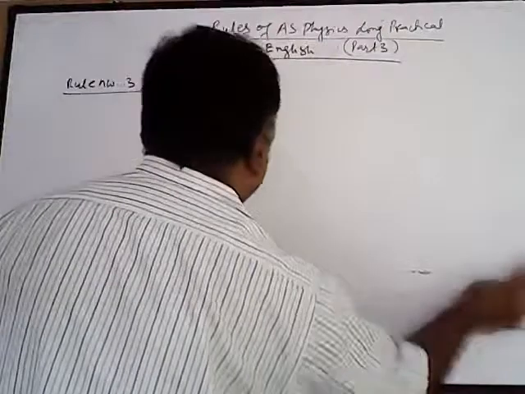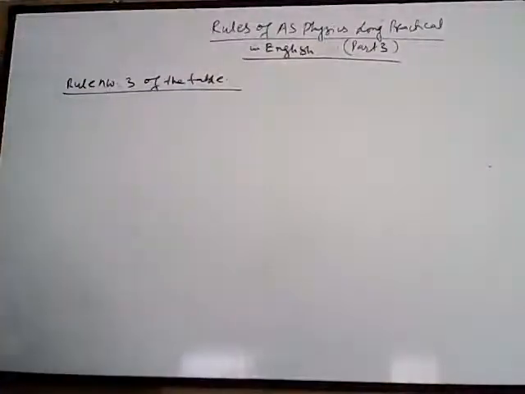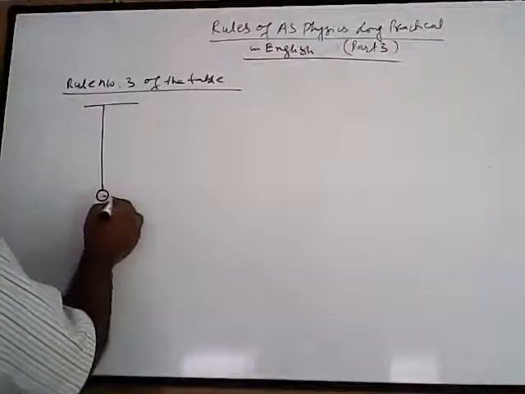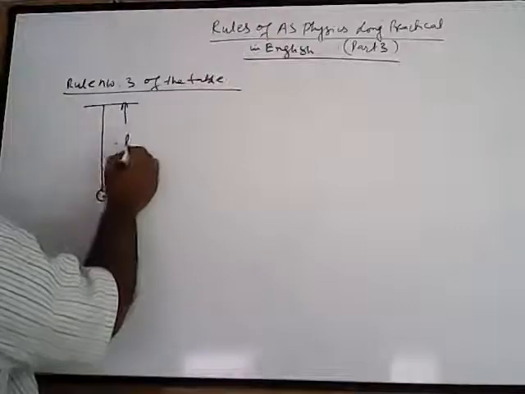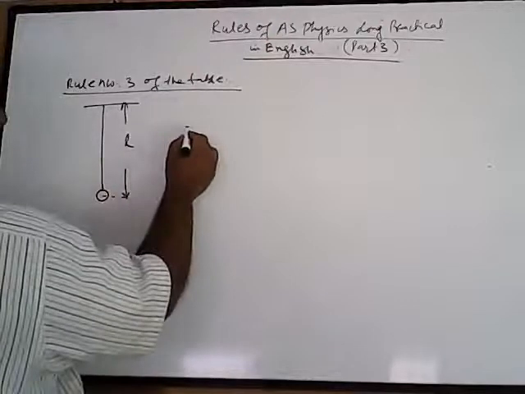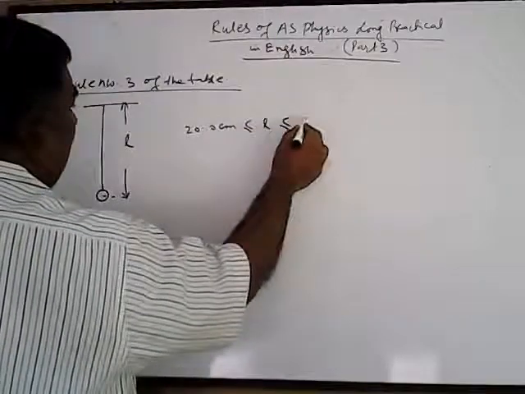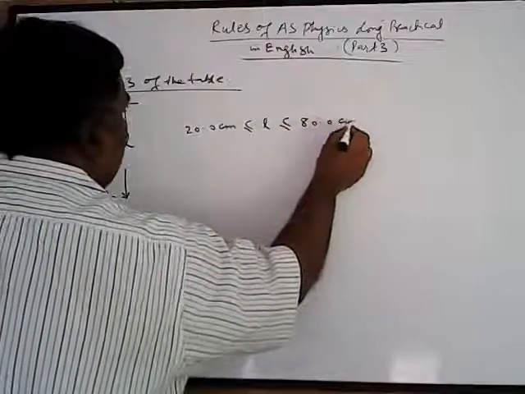Now take an example. Suppose in one of the practicals, the length of the simple pendulum is given like this: 20.0 centimeter is less than or equal to L, and L is less than or equal to 80.0 centimeter.